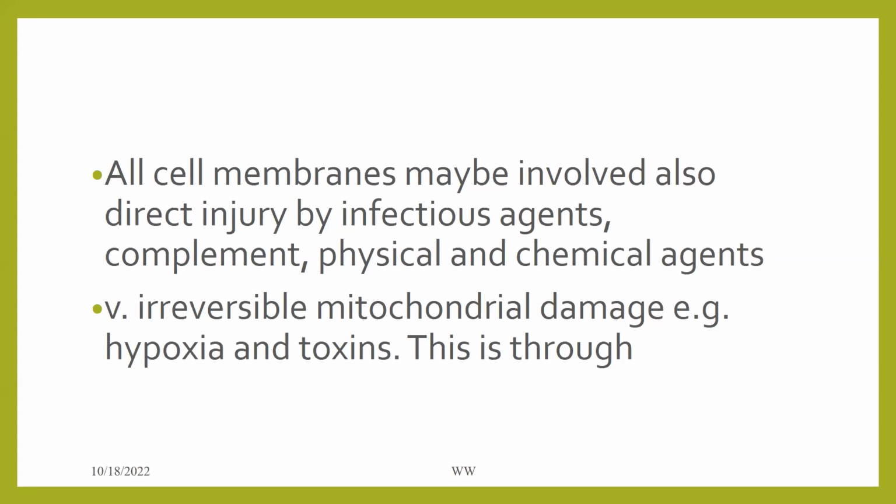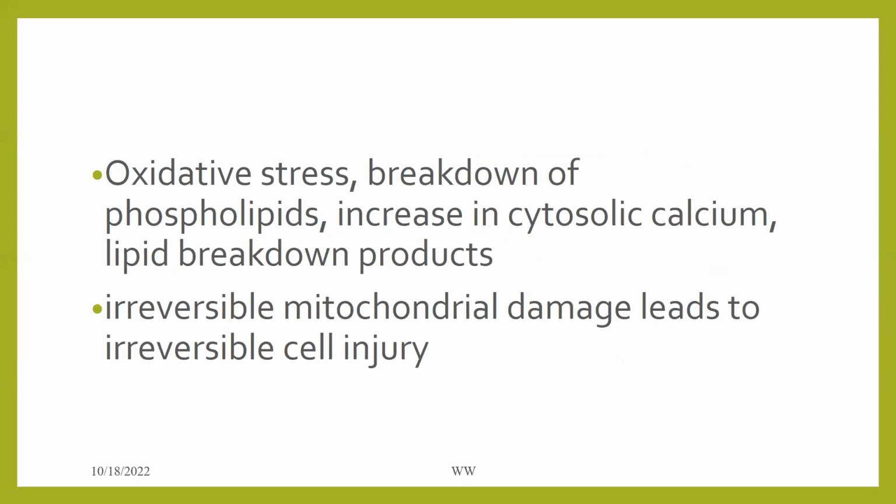So toxins, which affect the mitochondrial function, the cytochrome system, and here we're talking of hypoxia and toxins. And remember, drugs can also be toxins. Some of the drugs can be toxic to the system. In fact, chemicals can be, and this actually damages, and therefore there's no oxidative phosphorylation happening. Then you go back to ATP, membrane integrity, and that leads to irreversible cell injury and cell death.